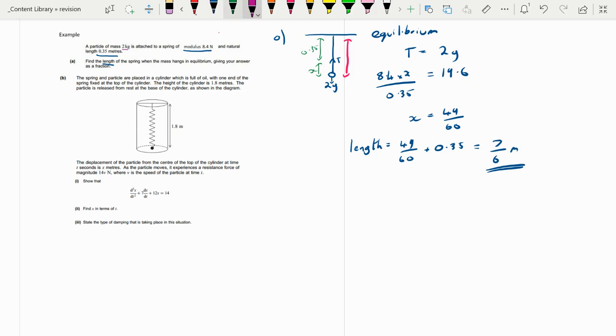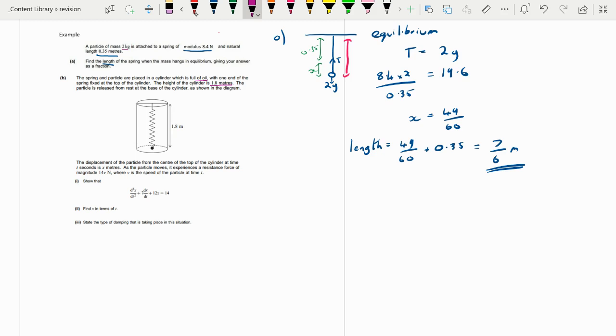Now, this is where we need to be careful. The particle is placed in a cylinder full of oil, with one end of the string attached to the top of the cylinder. The height of the cylinder is 1.8 meters. The particle is released from rest at the base of the cylinder as shown in the diagram. So it's going to be released from rest down here.